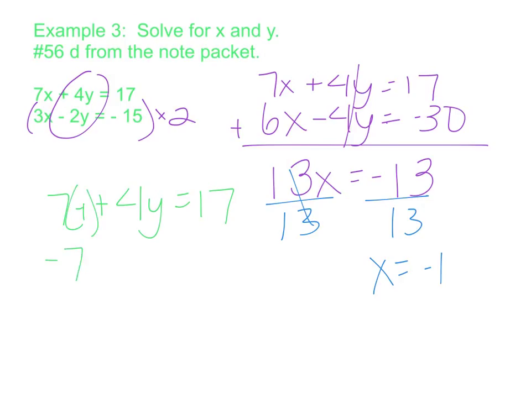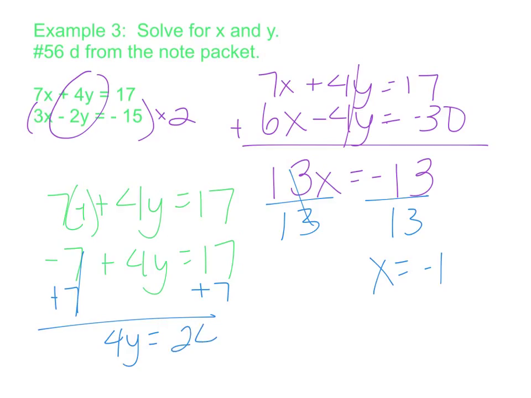So negative 7 plus 4y equals 17. And then we can solve for y. Add 7 to both sides. 4y equals 24. And then divide both sides by 4. So y is equal to 6. So our solution is going to be negative 1, 6.